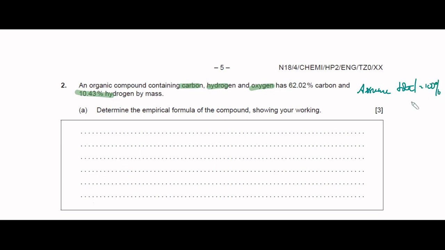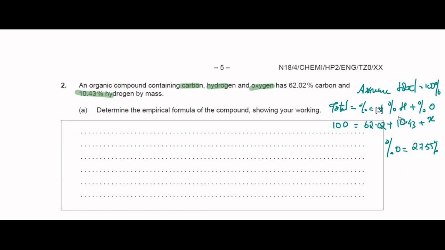So 100 is equal to percentage carbon plus percentage hydrogen plus percentage oxygen, which is 62.02 plus 10.43 plus X. That gives us the percentage of oxygen as 27.55%.